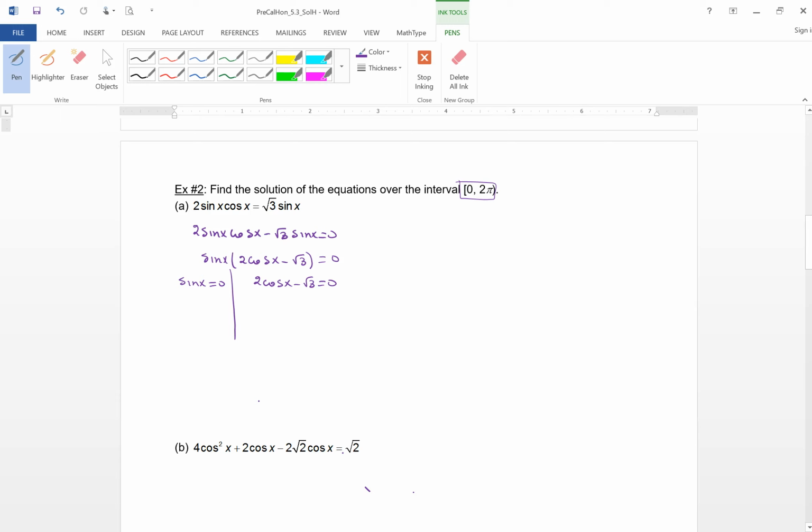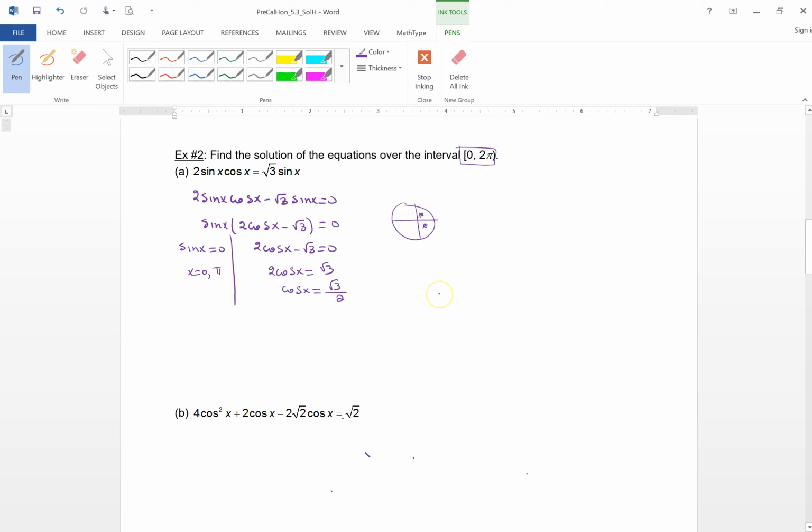Sine of x is 0 when x is 0 and pi. Here 2 cosine x equals root 3, so cosine x equals root 3 over 2. Cosine is positive in these 2 quadrants, so x is pi over 6 and 11 pi over 6.